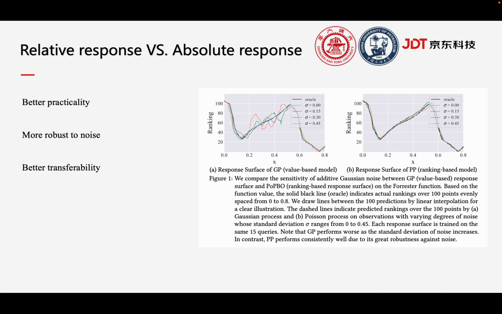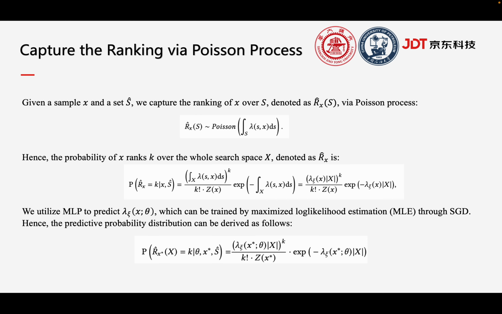Third, relative response has better transferability, since they are usually comparable among multi-fidelity metrics or evaluations across different datasets for the same candidate. In this work, we assume the rankings of X over two disjoint areas are independent, since the function f is black box, and propose to model the ranking of X over set S as a Poisson process.